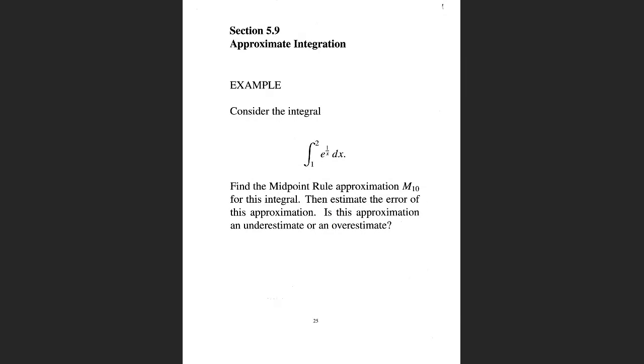All right, so now another question. Of the 3 questions, we have done the first question, and then we've estimated the error of our approximation. Now we might want to know, is this approximation an underestimate or an overestimate?